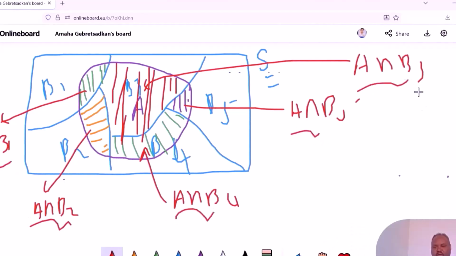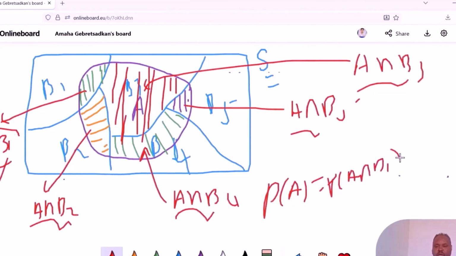So, the probability of A now is the probability of A intersection B1 plus the probability of A intersection B2 plus the probability of A intersection B3, right?